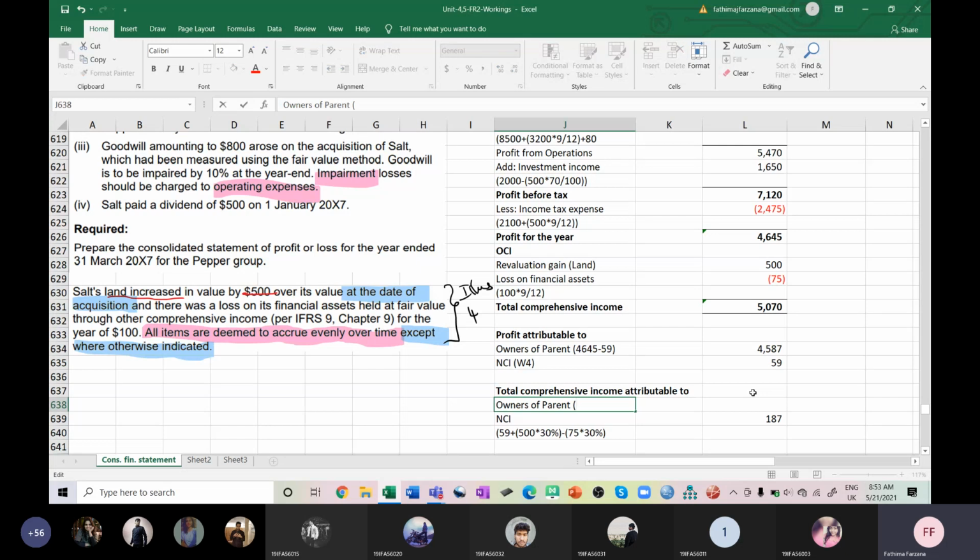How much will they get? Which value will you take? This is for total comprehensive income. Tell me clearly. 5070 minus 187.